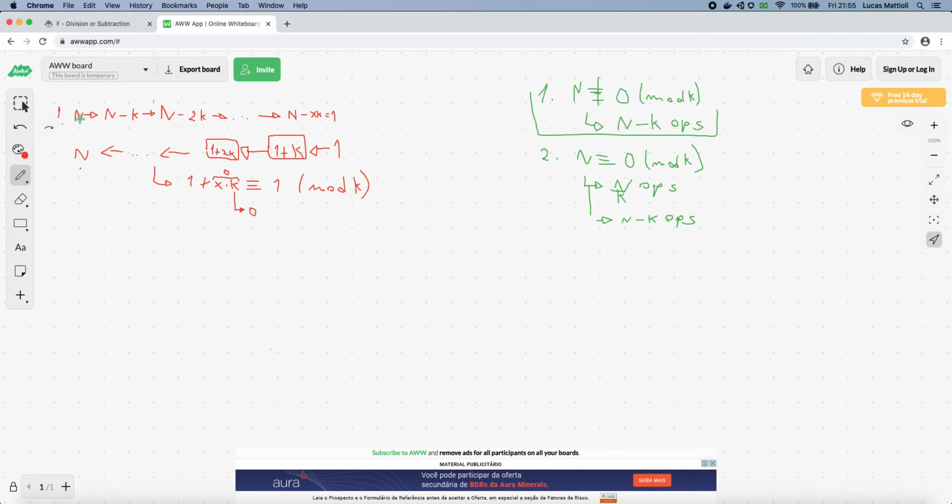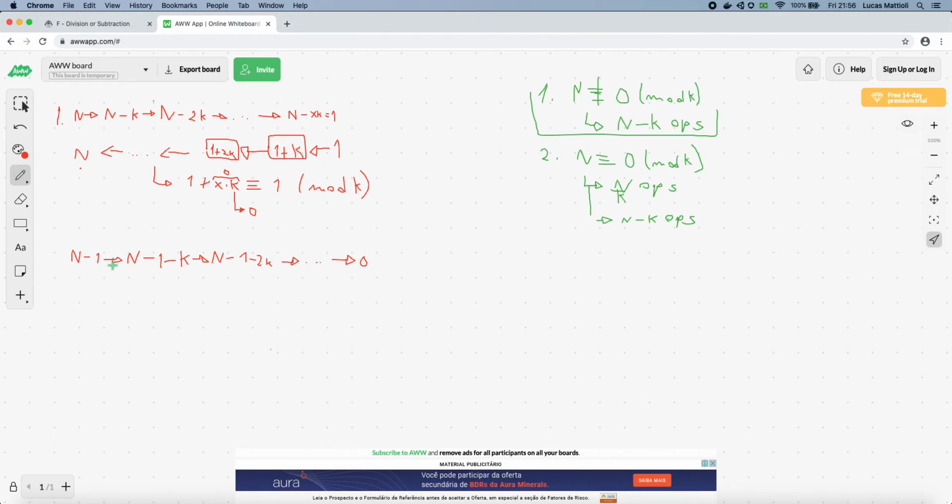We can see this problem in another way. So instead of going from n to n minus k and to n minus 2k and to 1, we can start from n minus 1 and then go to n minus 1 minus k, until n minus 1 minus 2k, and eventually we will get to 0.